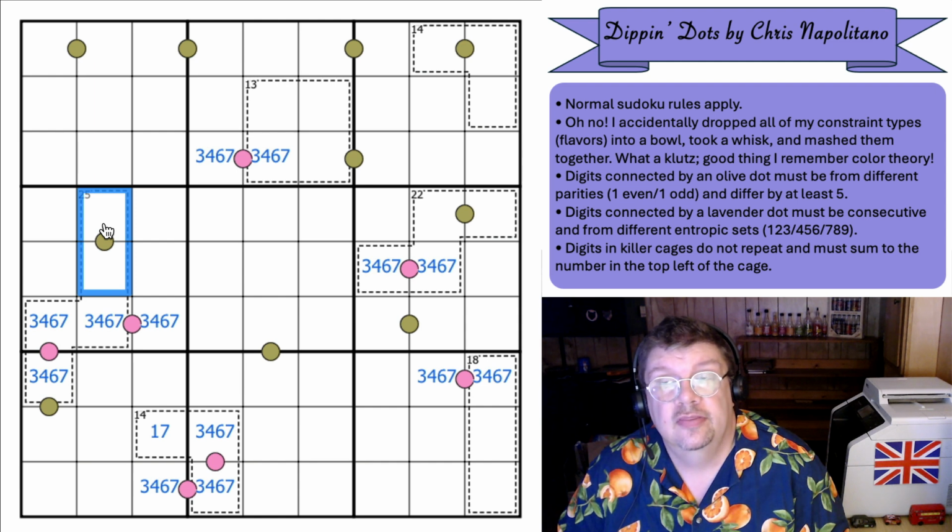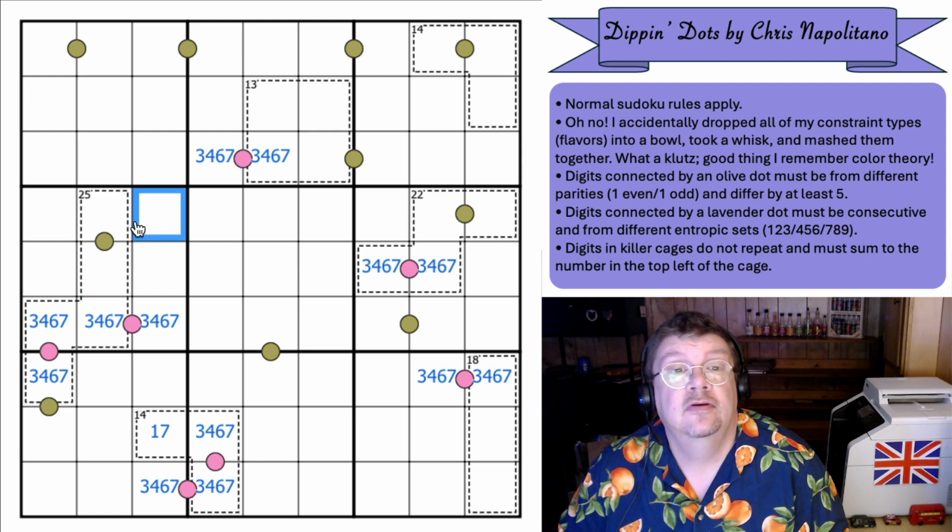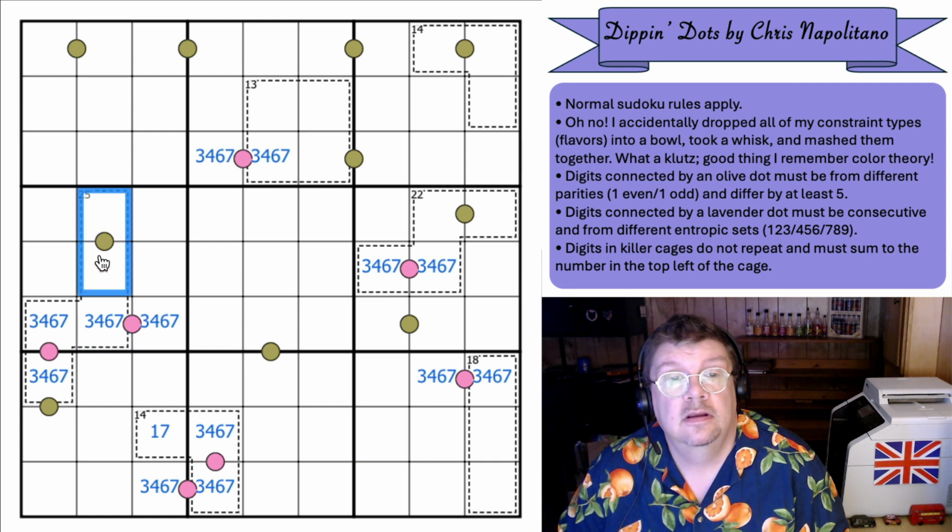So this is either 8, 1 or 9, 2. 8 plus 1 is 9, which would leave 16, which could be 6, 7 with a 3. 9 plus 2 would be 11, which would leave 14, which would be 3, 4 with a 7.